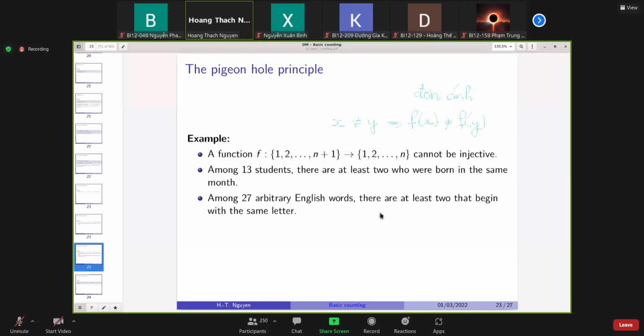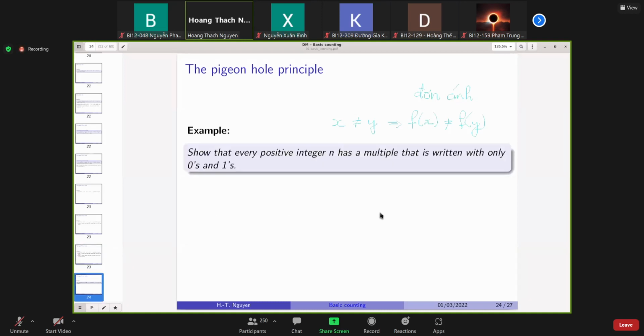The principle is very simple, but the application is not trivial because it is hidden. So here is an example, because in this example it is not given explicitly to you what the pigeons and the holes are, and your task is to determine them in the problem.